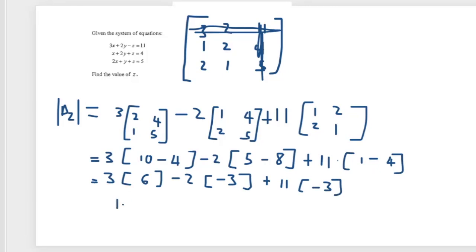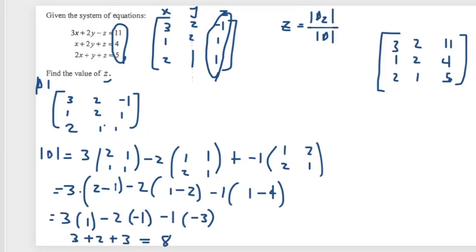So 3 times 6 is 18, this will be positive 6, and this would be minus 33. So we have 18 plus 6, that's 24, minus 33, equals negative 9. So now to find z, z is equal to minus 9 divided by 8.